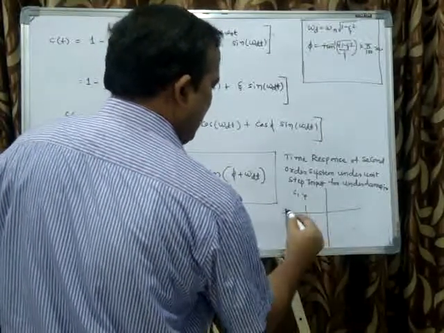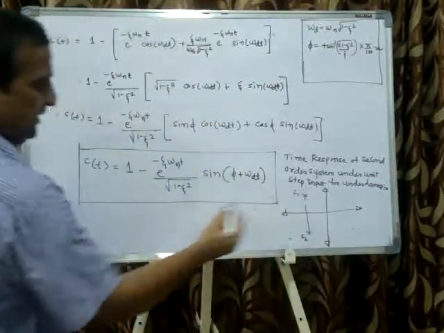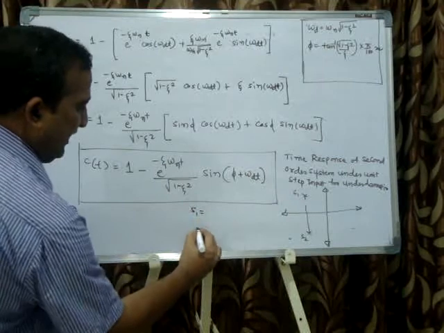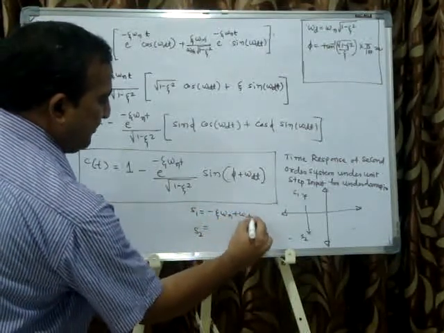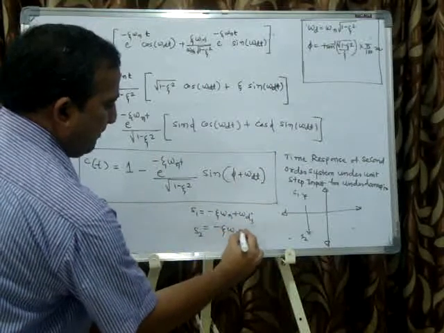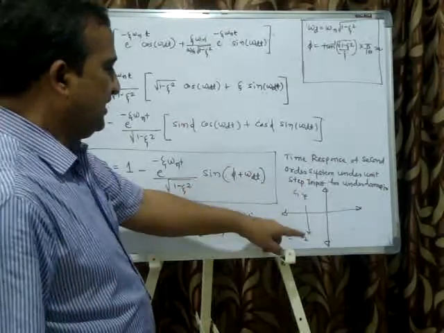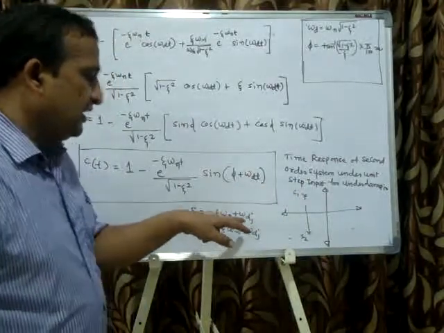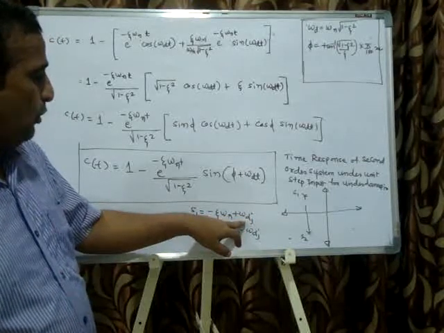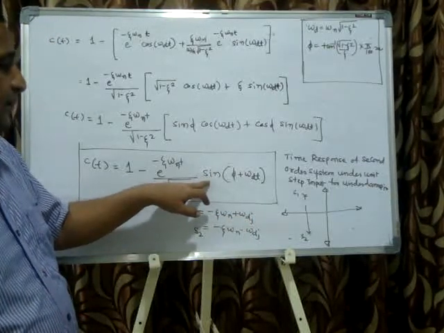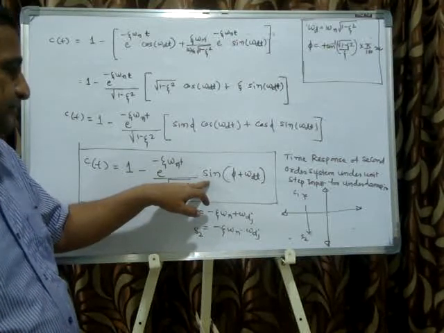The S1 value for under damping is minus zeta omega n plus omega d j, and minus zeta omega n minus omega d j. The poles are negative real with complex part. Due to the complex poles I have got a sine. Sine means the system starts oscillating.